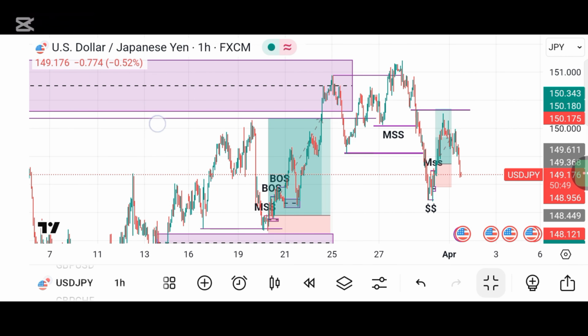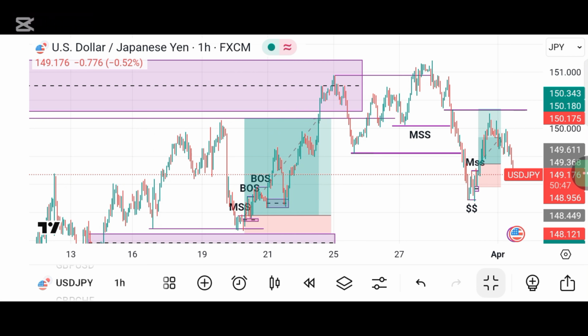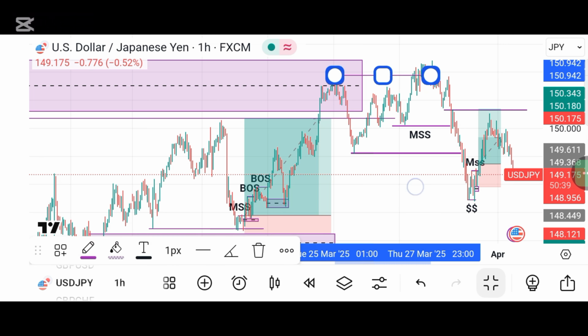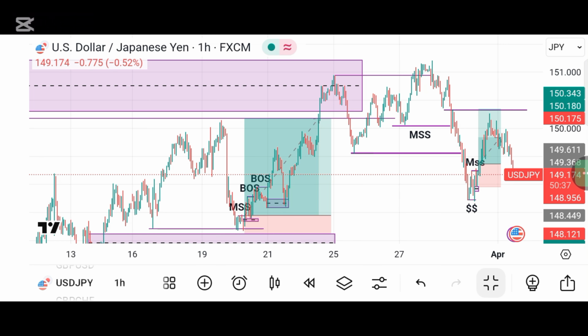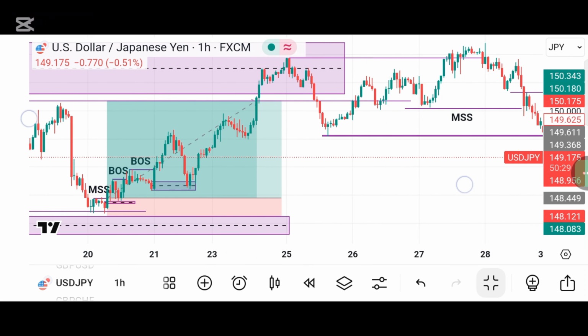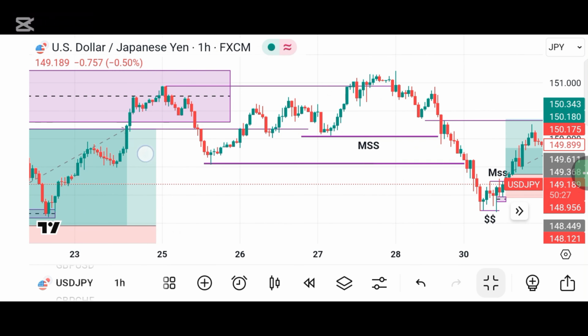If you look at the 1 hour, this video is not about USD/JPY. On the 1 hour, we have this market structure shift here after price must have taken out liquidity, giving us a good model. So if I've got a market structure shift on the 1 hour, and on the 4 hours I have this to be a break of structure, so I counter traded here and I counter traded here also.